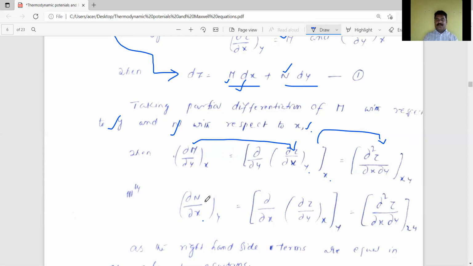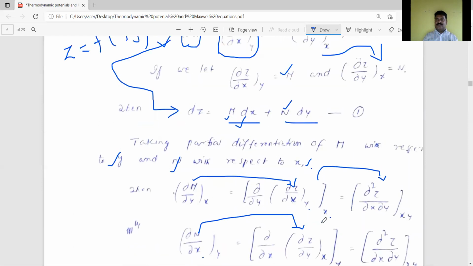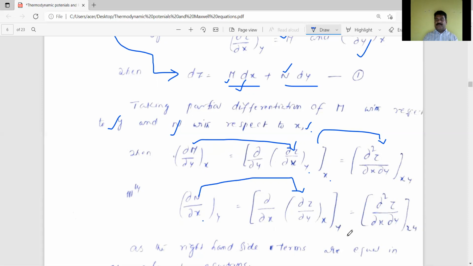So what will happen here? ∂/∂x of, what is the value of n? ∂z/∂y at x, this whole differentiation at y. Now this can be written as ∂²z/∂x∂y.